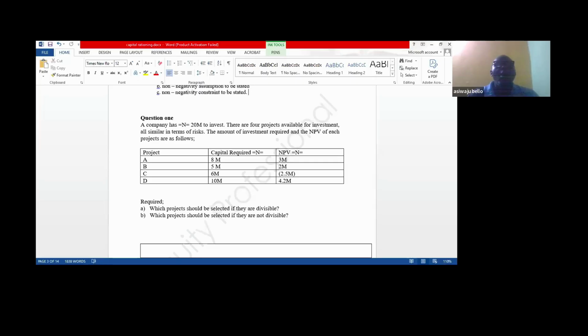The amount of investment required and the net present value of each project are as follows. You have projects A, B, C, D.